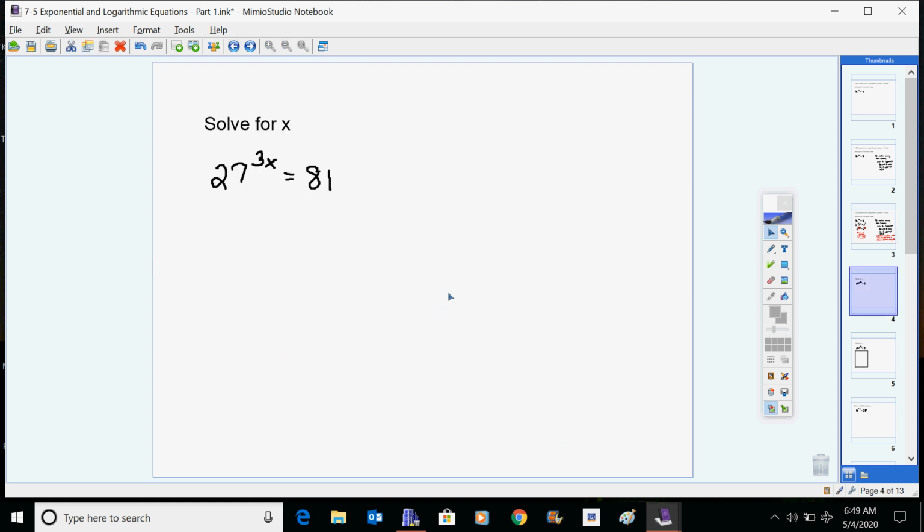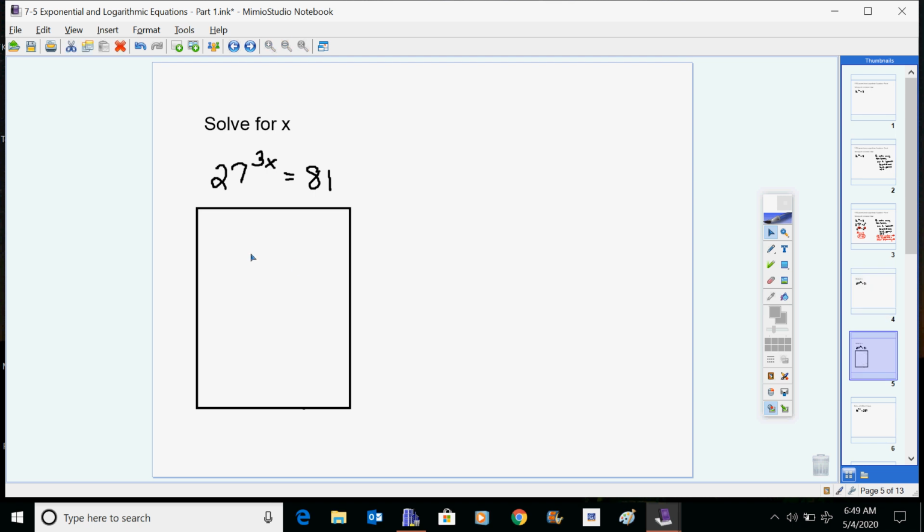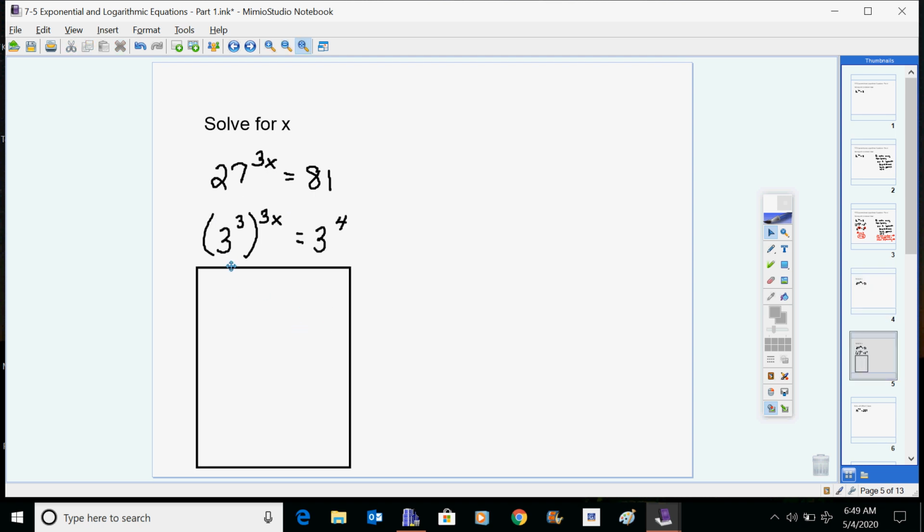We can look here. Here's one. If you think about what the common base is, this probably jumps out a little bit at you that these are powers of 3, 3 times 3 times 3, and then 3 times 3 times 3 times 3 times 3. So we have 3 cubed, 3 to the fourth.